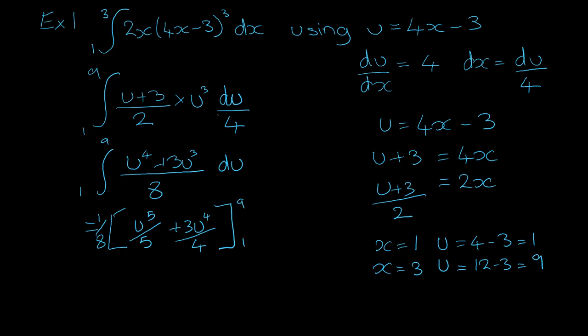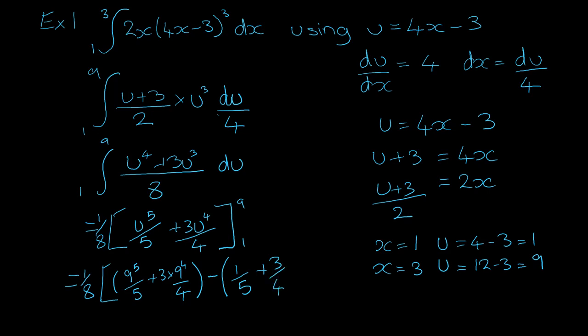So now what we need to do is evaluate. So we're going to have 1/8, and in the first part we're going to have 9 to the 5 over 5 plus 3 times 9 to the 4 over 4, and that will be minus 1 over 5 plus 3 over 4, substituting in the 1.